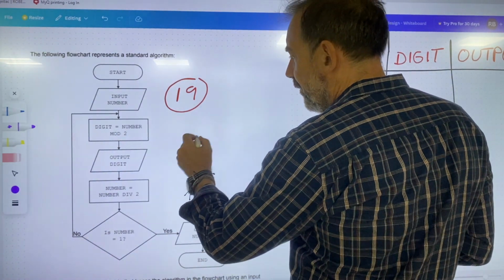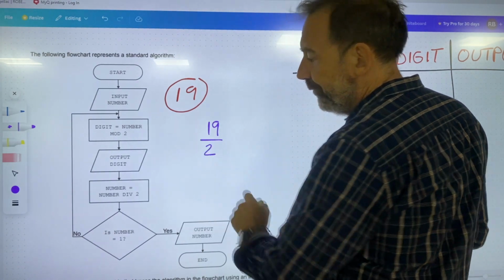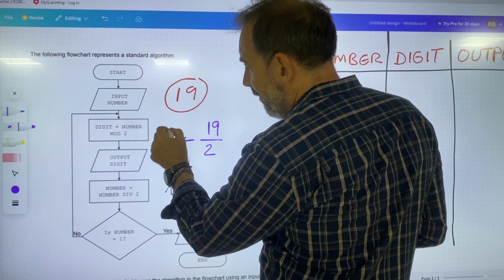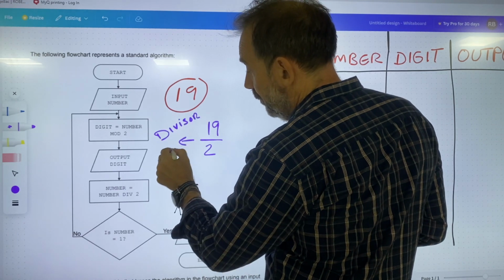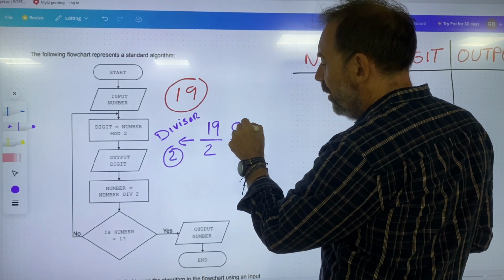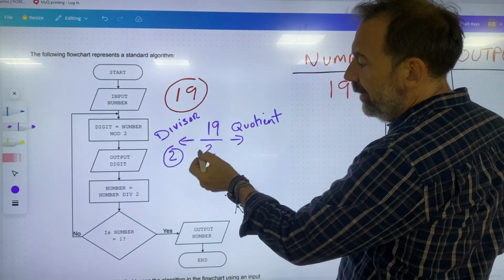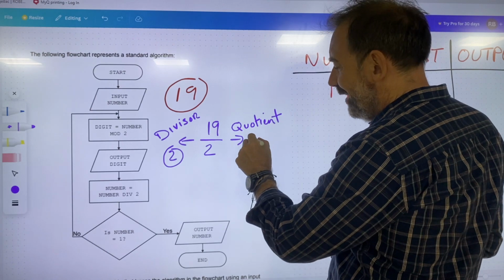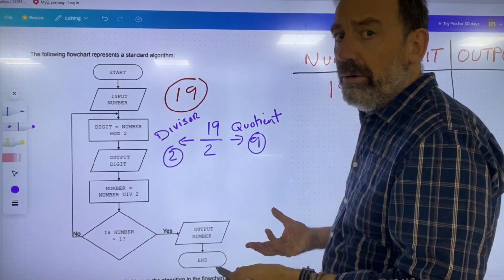Well, if I take the number 19 and divide it by 2, on this side I've got my divisor, which is 2, and on this side I've got what I call my quotient. How many times does 2 go into 19? It goes in 9 times, and then there's a remainder of 1.